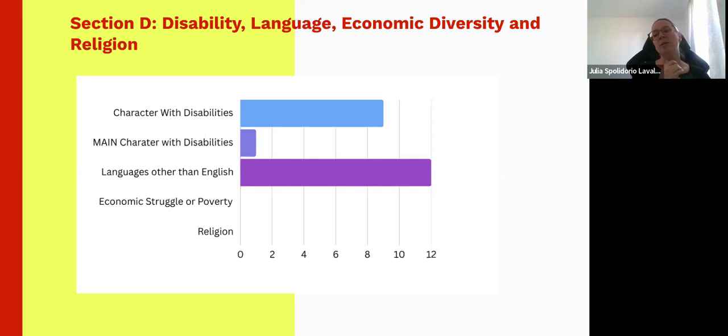I do have, as you can see, 12 books with main characters who also speak other languages or have other words in other languages included in the book. I don't have any books that talk about economic struggles or poverty, or any books that address religion in my classroom.